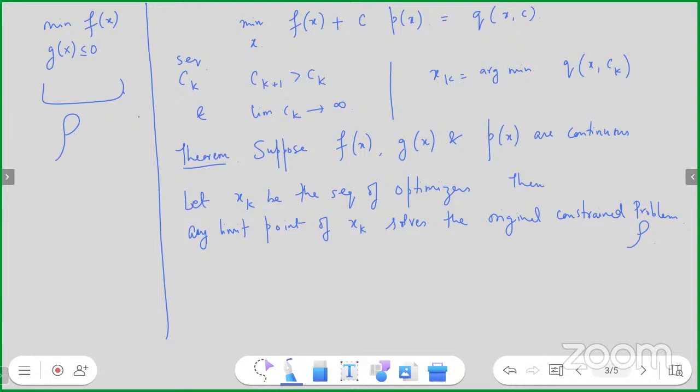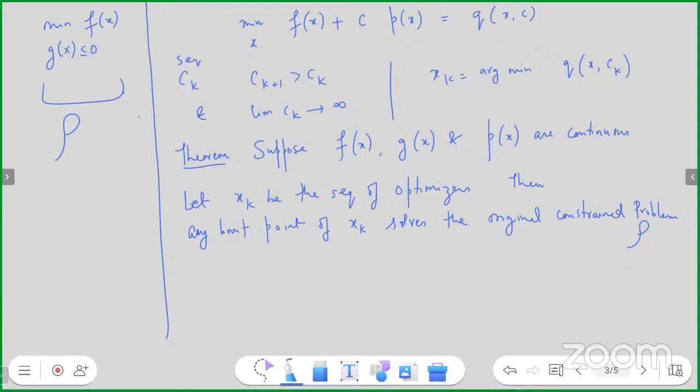The limit point should be feasible, and f of the limit point should be less than or equal to f of x star. That's the first condition. Then I'm done. Or equal to, whatever. If you can show less than or equal to, it's fine, because by definition it can't be smaller. So it has to be equal.